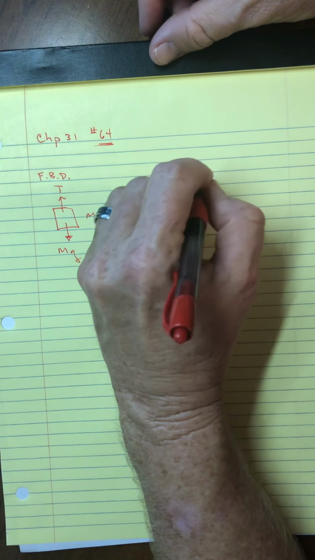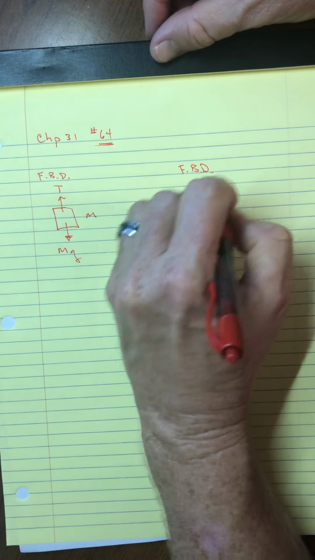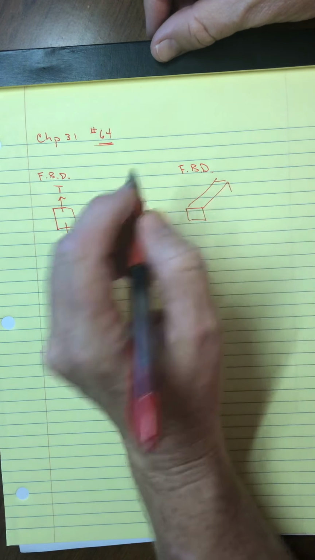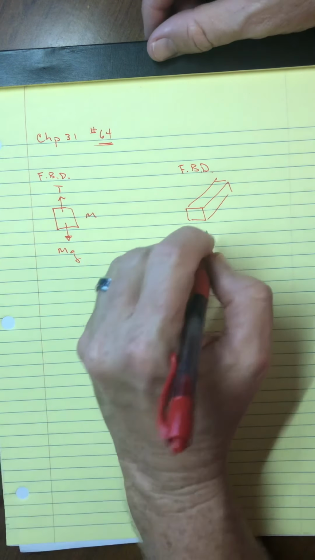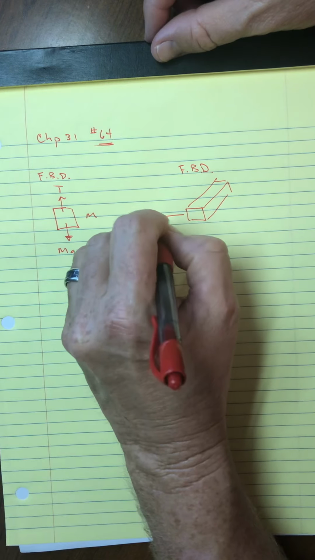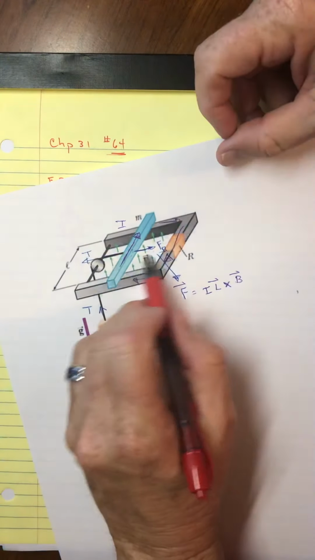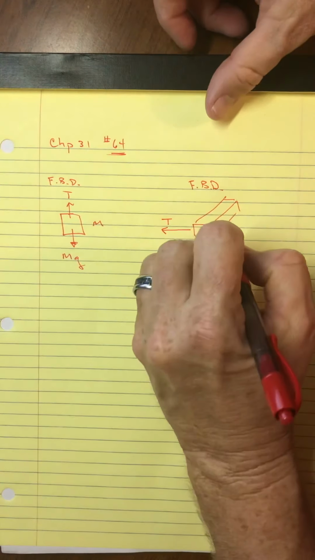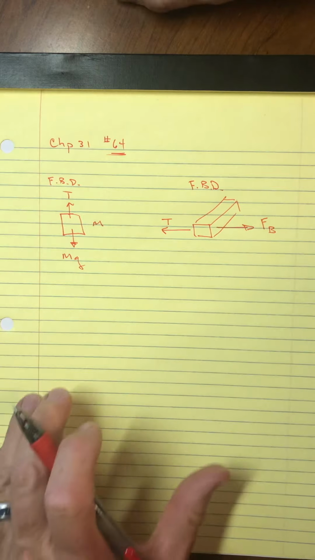Whereas the free body diagram for this rod, which is kind of a turquoise, maybe even a sea green in color, would, of course, have the tension pulling it to the left here, as we talked about, but then there would also be a magnetic force pulling it to the right.